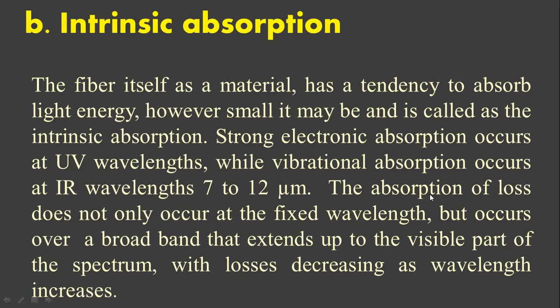The absorption loss does not only occur at a fixed wavelength, but occurs over a broad band that extends up to the visible part of the spectrum, with the losses decreasing as the wavelength increases. That means higher wavelength radiations will have lower losses and vice versa.